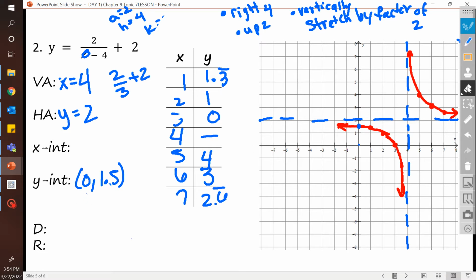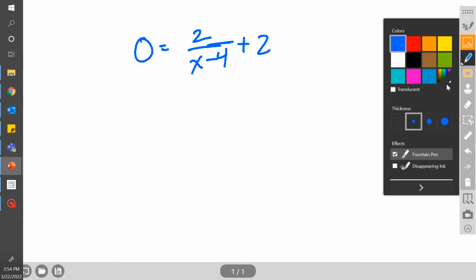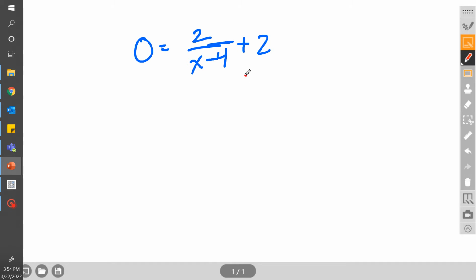Now if we want to find the x-intercept, we actually have to set the equation equal to 0. So we would have to do, let me get a blank page here, 0 equals 2 over x minus 4 plus 2. Now this is a little bit more complicated because you have to solve this for x, but it's not that bad. Subtract 2. Negative 2 equals 2 over x minus 4.